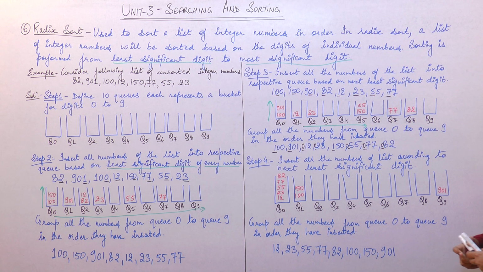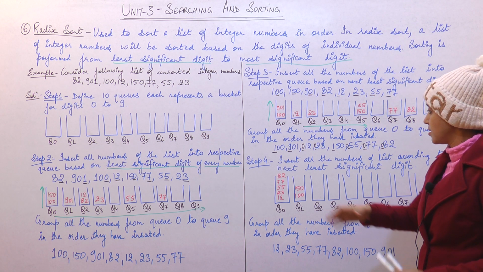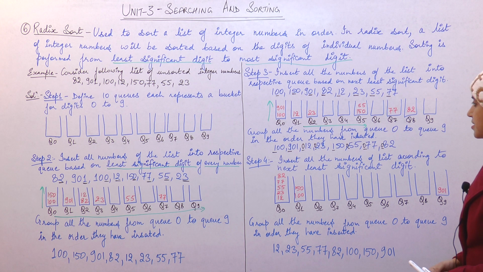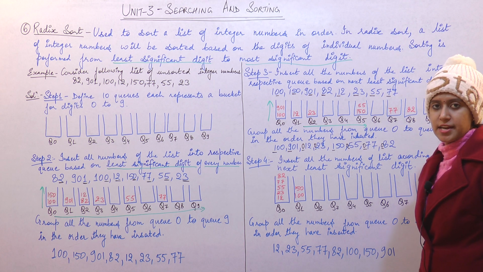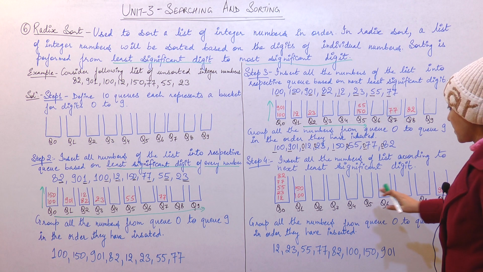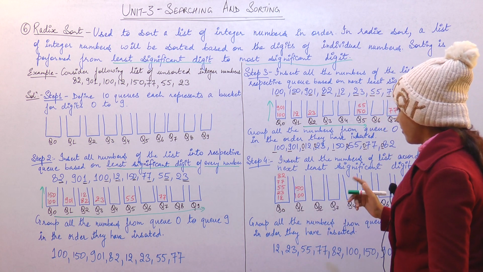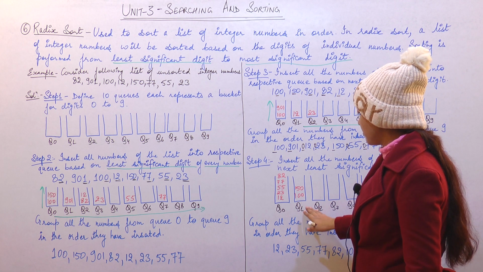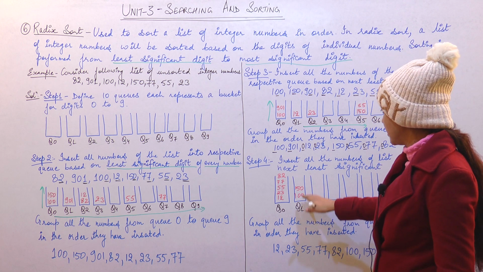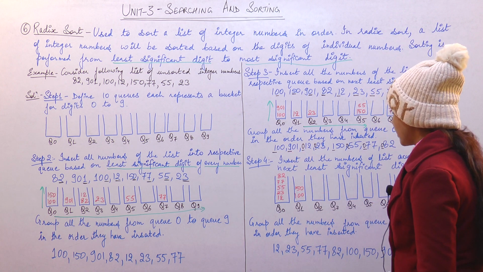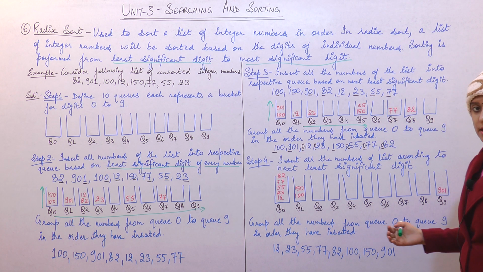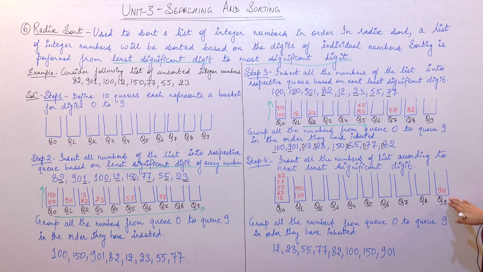Now we will insert all these most significant digits, that means the digits which are at hundreds place, in the respective buckets. So 100 contains 1, so 100 will be inserted in Q1 bucket. Then comes 901, 901 contains 9 as digit, so 901 will be inserted in Q9.